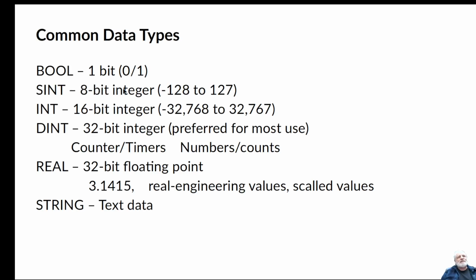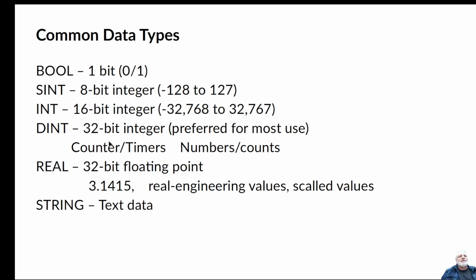That's not used very often at all. Then we have the integer, which is a 16-bit integer that can go from minus 32,000 to plus 32,000. Those are the range of numbers you can store in 16 bits, where one of the bits is the sign bit. And then they have a double int, which is 32-bit.